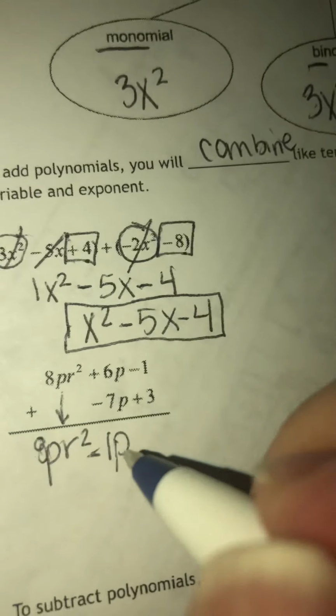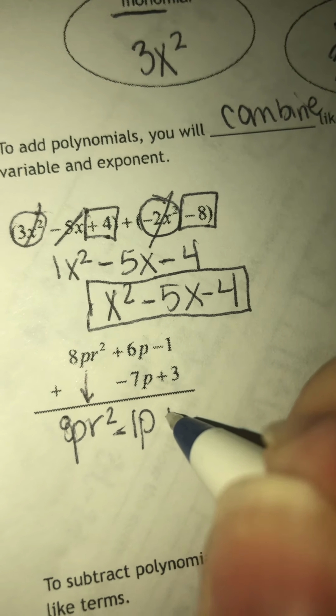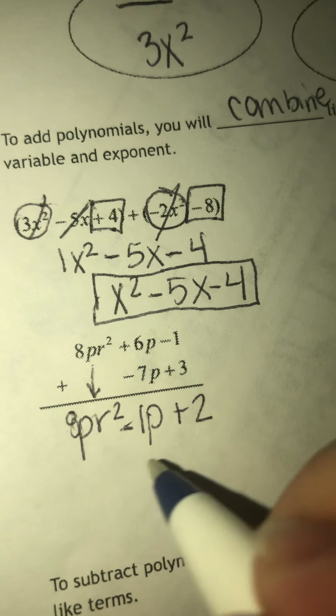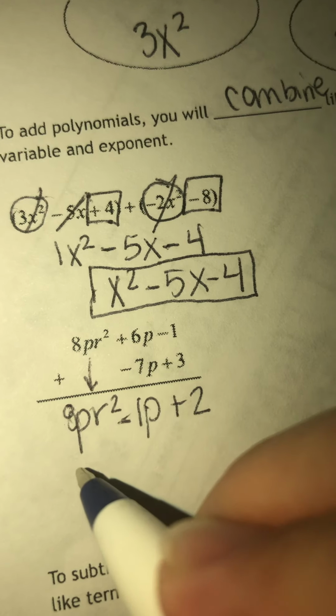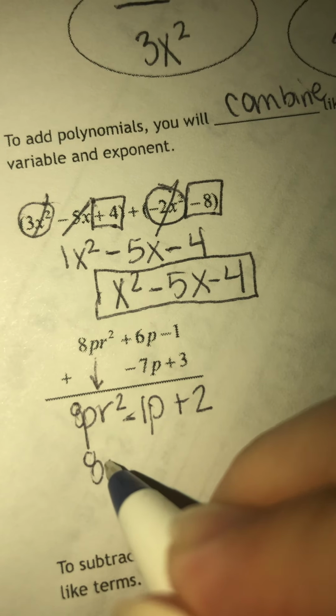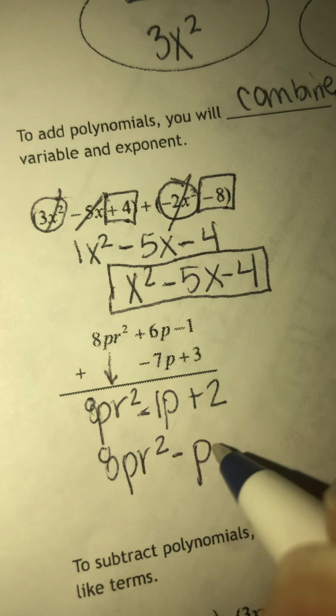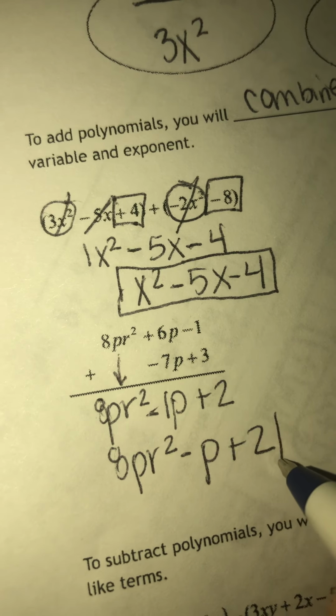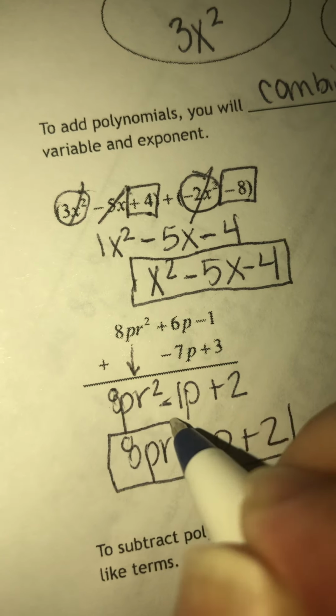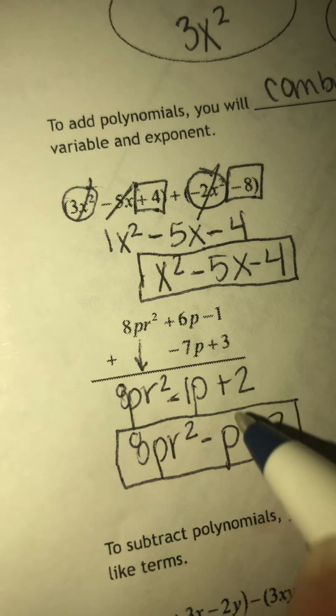That's what I would type in my calculator. Negative 1 plus 3 is a positive 2. I could rewrite this answer without that 1 there, so I could also write it as 8p squared minus p plus 2. Either answer is correct, this one or this one.